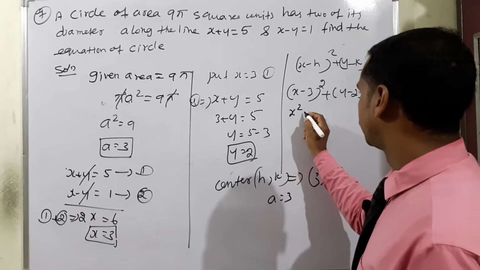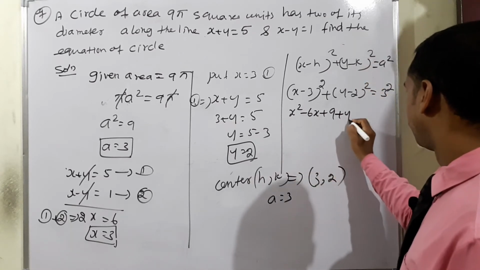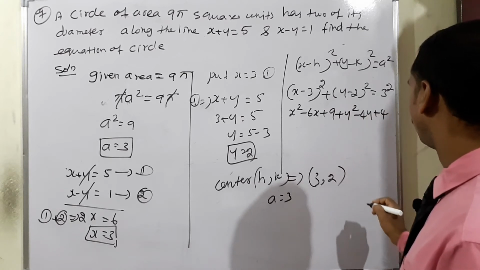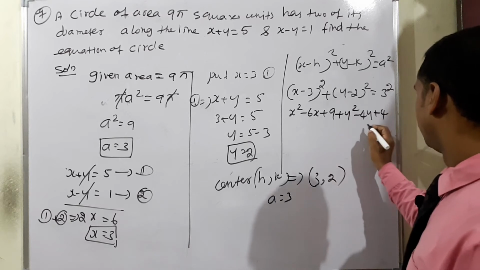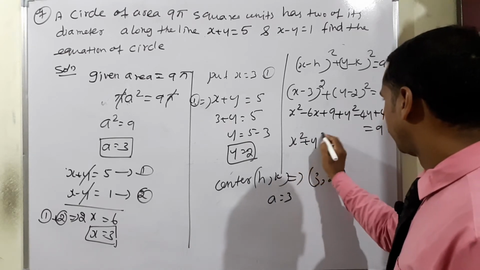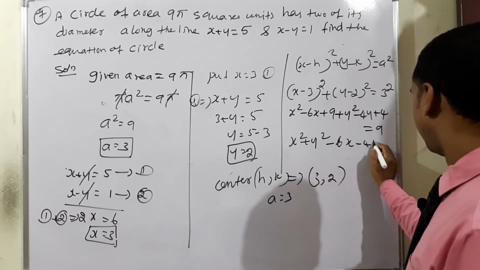So, we can write x square minus 6x plus 9, then plus y square minus 4y plus 4 is equal to 9.